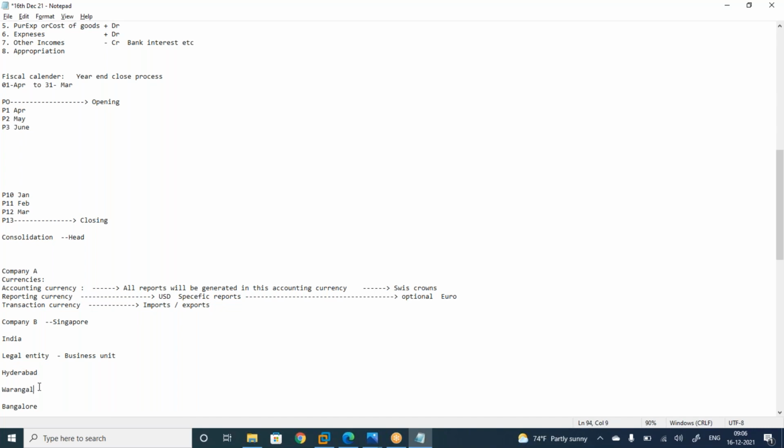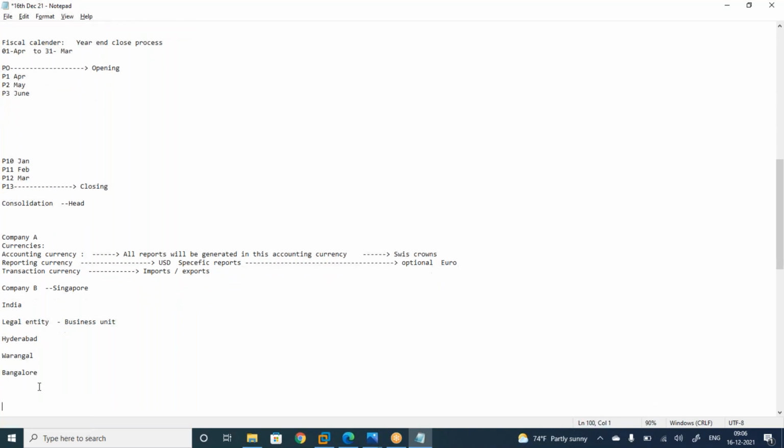We need to analyze the customer's data. Suppose the customer says, whatever inventory is in Hyderabad, I don't want to show Warangal people, and Warangal people should not see Hyderabad data.